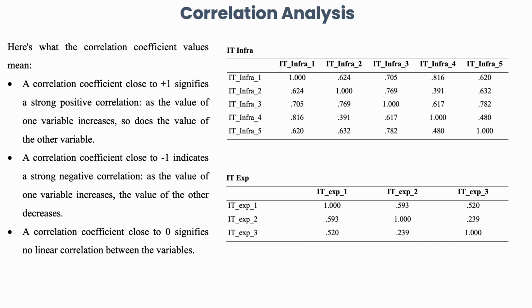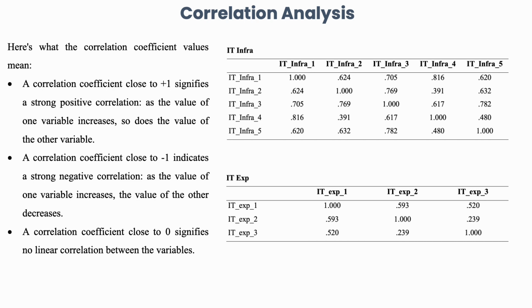IT infra 2 has a moderate to strong positive relation with IT infra 3, which is 0.769, and IT infra 5, 0.632, indicating a relatively stronger relationship between these variables. IT infra 3 exhibits a moderate to strong positive correlation with IT infra 4, which is 0.617, and IT infra 5, 0.782.